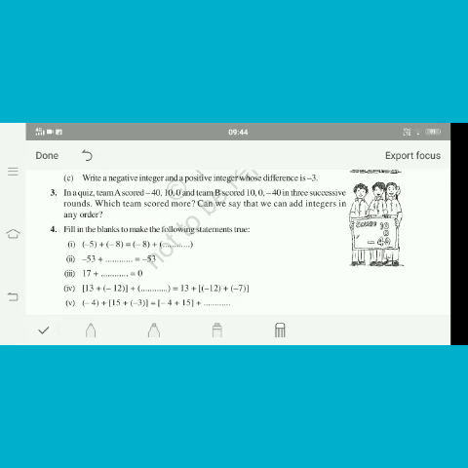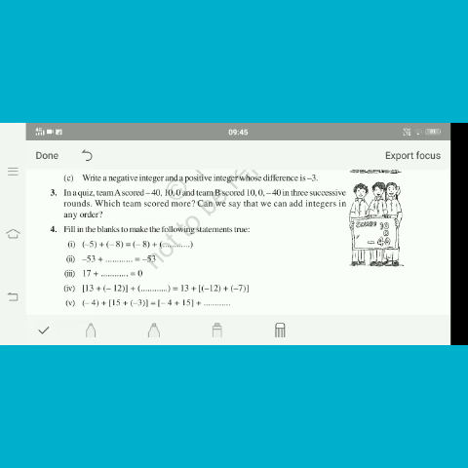I think I had not said it, sorry for that. So this is A I, additive identity.